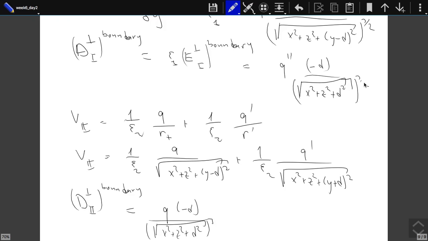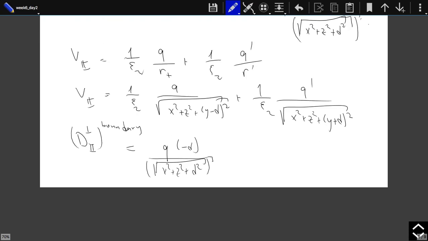Here I don't have 3 halves, it's just the 3. The half is already in the square root. And plus Q prime times d divided by the same square root cubed.